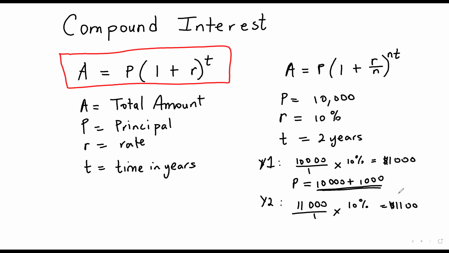So at the end of year two, the new principal will be what you started year two with, which is 11,000 plus 1,100, which is now 12,100. So that's the difference when you're using compound interest versus simple interest. That was just to refresh your memory a little bit on simple interest and compound interest. Now we are going to look at some questions.